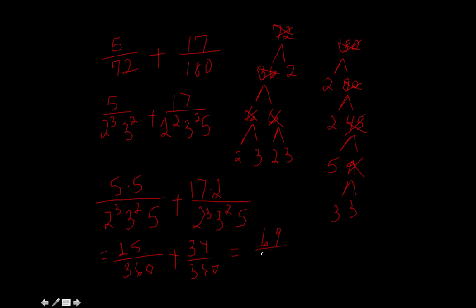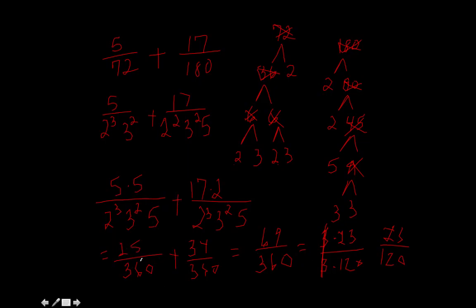So 69. And this actually can be simplified. This is 3 times 23 over 3 times 120. So 23 over 120 in the end.